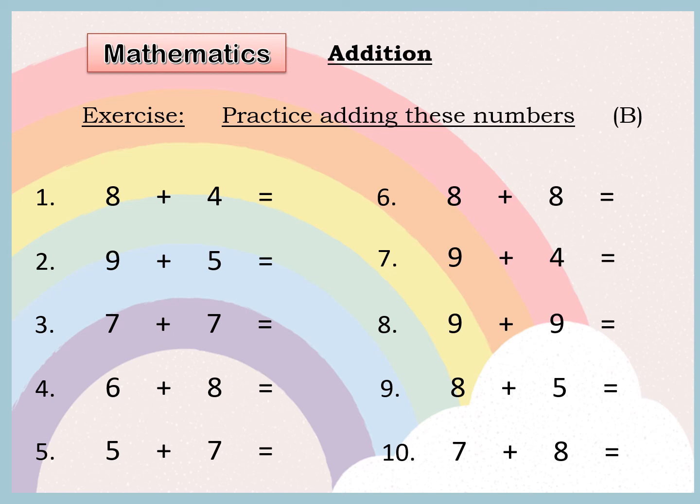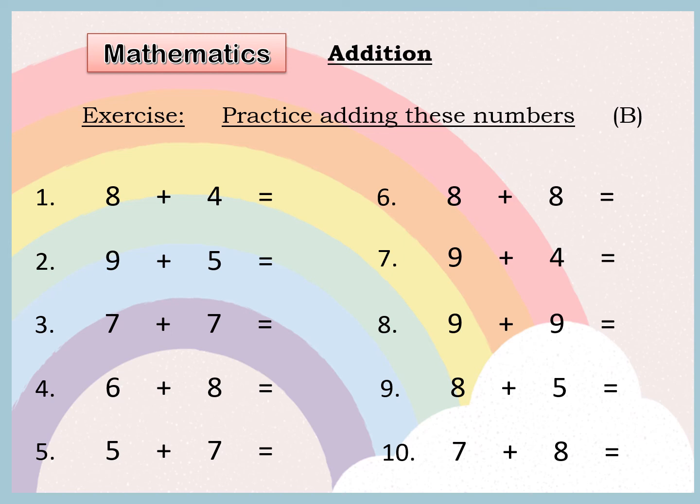Again, number 1, 8 plus 4 equals. Number 2, we have 9 plus 5 equals. Number 3, we have 7 plus 7 equals. Number 4, we have 6 plus 8 equals. Number 5, we have 5 plus 7 equals. 6, we have 8 plus 8 equals.